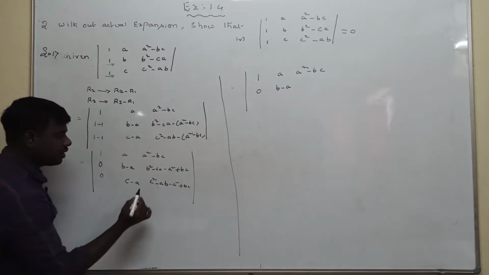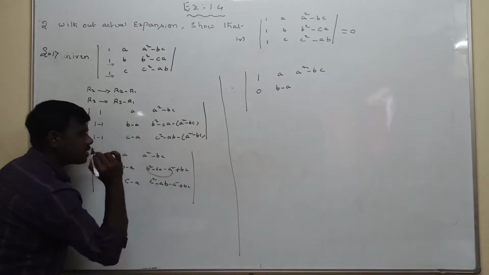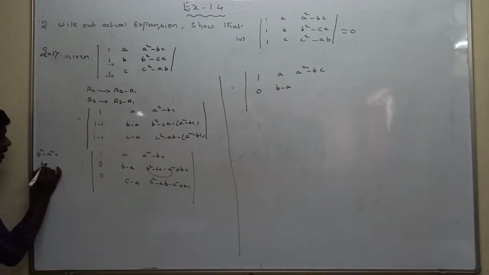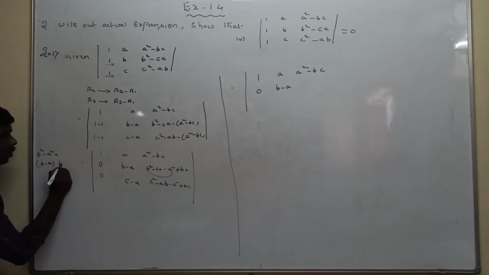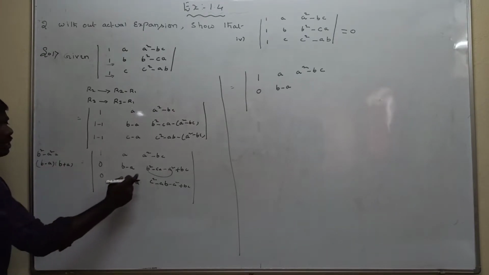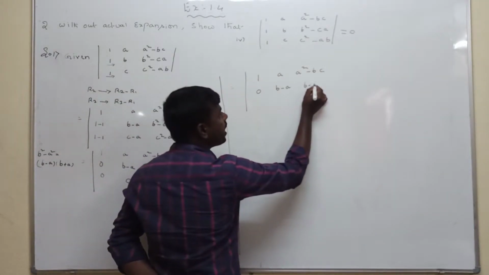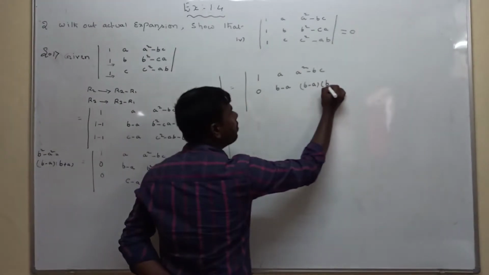Observe here, students, b square minus a square is of this form. A square minus b square can be written as a minus b into a plus b. Now b square minus a square can be written as b minus a into b plus a.